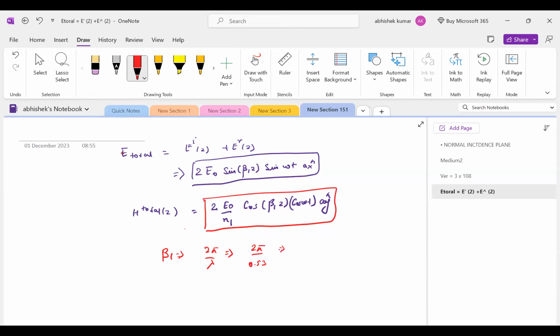Okay. E naught is the amplitude, right? Of the electric field. I used to write E naught; you can write E M, whatever way you want. Okay.